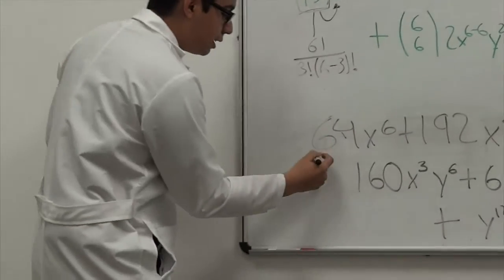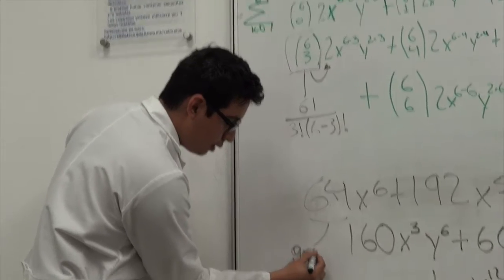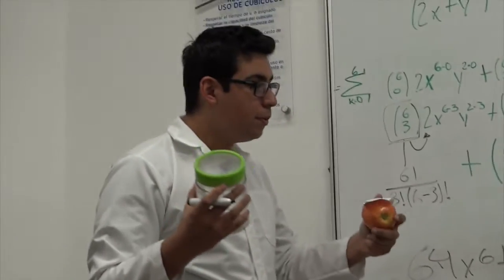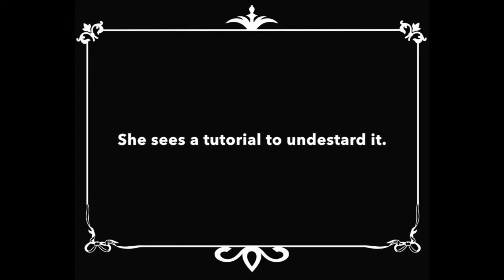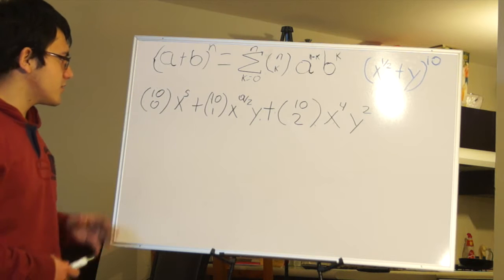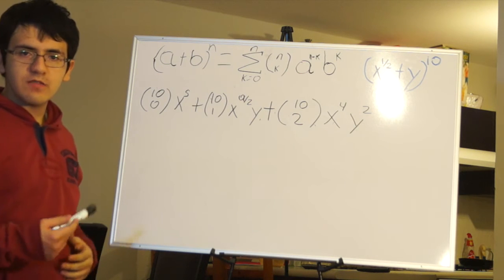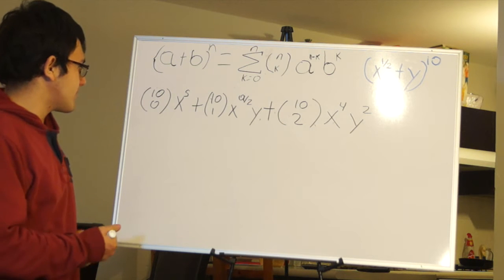So these represent the monomials that you have to put. So we have this, and the only thing we have to do is to solve it.